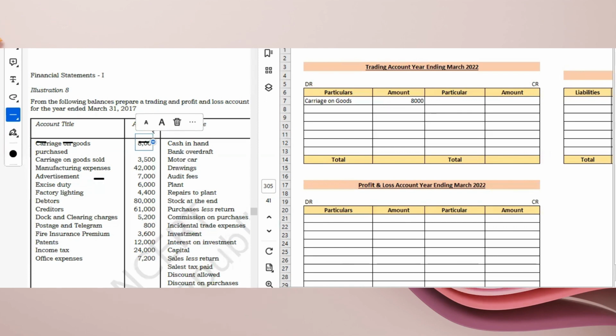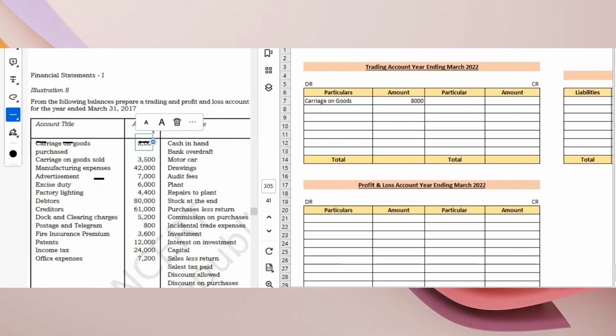Next, carriage on goods sold. Carriage on goods sold is an operating expense because this is a selling expense, incurred for your sales. You have already manufactured a product, now you have to sell, but selling is not so easy. You have to use certain strategies, do advertising and marketing, and give sales commissions, and many other things.